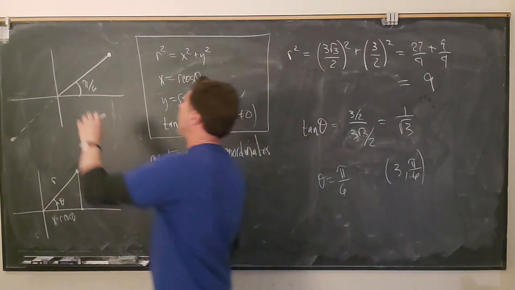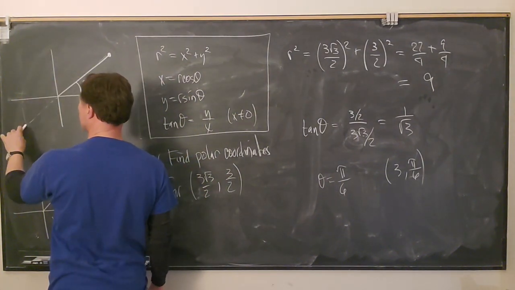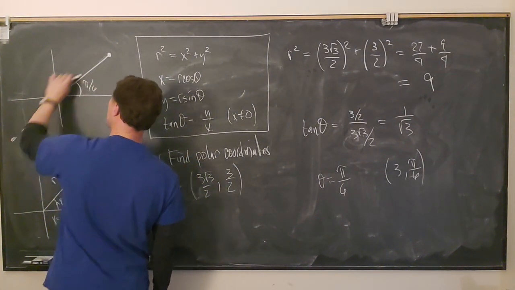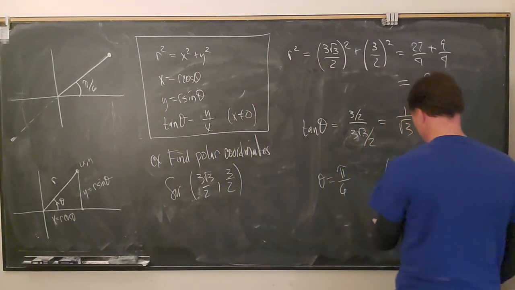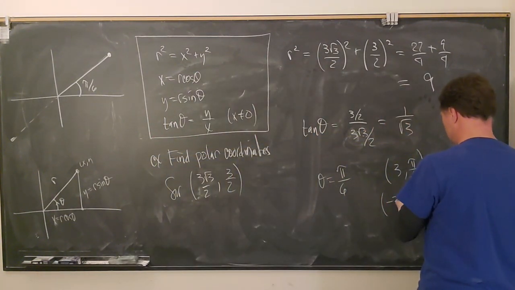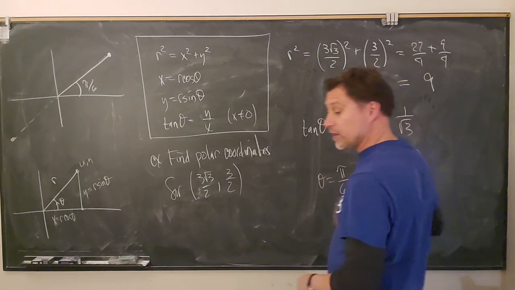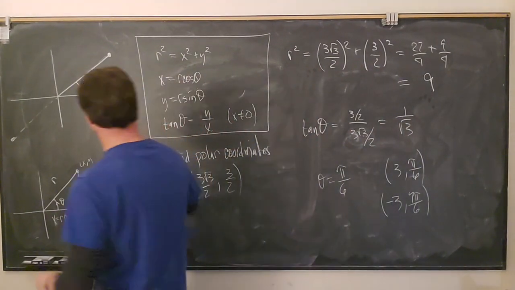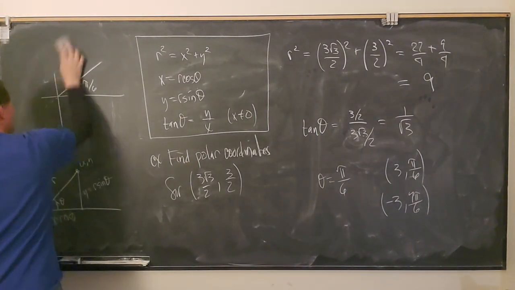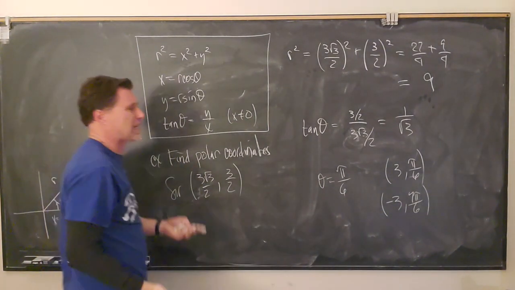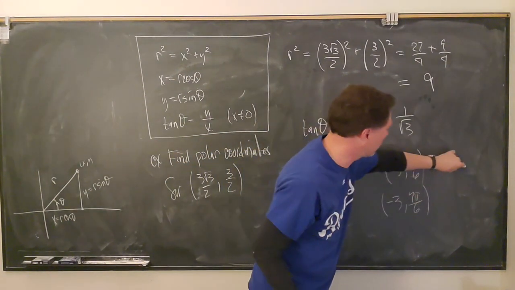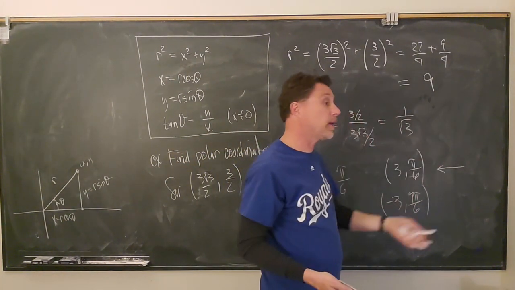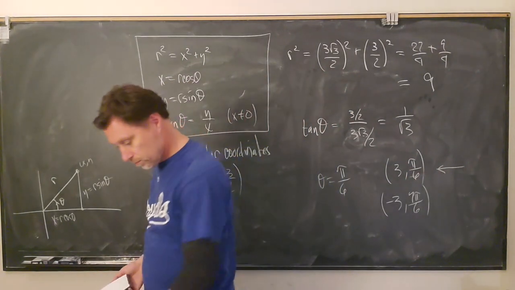So if I go an angle of 7 pi over 6, and then give a negative radius, that points me in the same direction also. So another correct answer would be negative 3 comma 7 pi over 6. And there's actually an infinite number of correct answers for the polar coordinates. When possible, I tend to work with the positive radius, so this is probably the most common correct answer, but there's more than one correct answer.